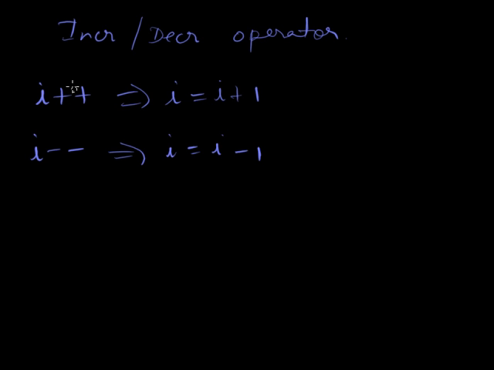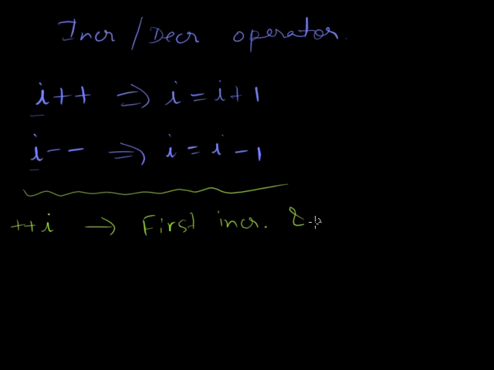And you can also infer that plus plus or minus minus is a unary operator because it needs only one operand. Right? And one more thing that remains that is quite subtle is what if plus plus is before I, or what if plus plus is after I. So you can also have plus plus I. Now what this does is signifies that first you have to increment, then use the value of I. So first increment, then use.